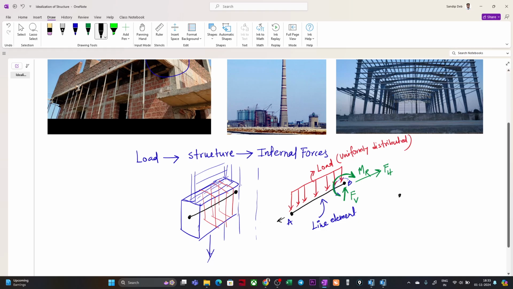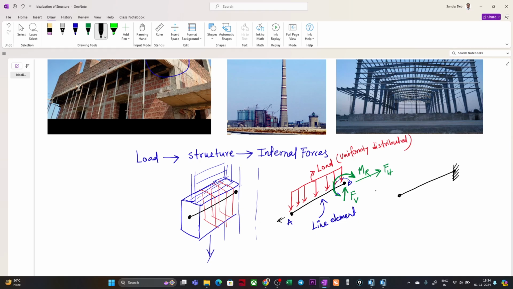So what we are doing, we have a beam which is connected with a fixed joint. What is the property of this fixed joint? It is not allowing any rotation, it is not allowing any vertical movement, it is not allowing any horizontal movement of this particular point B, correct, when this line element is subjected to loads.